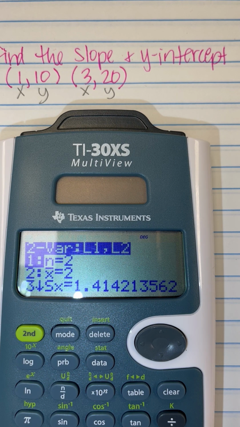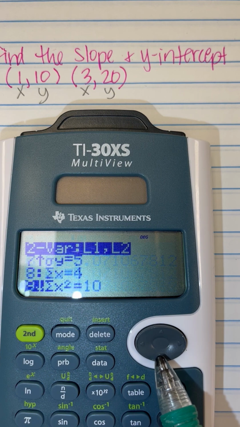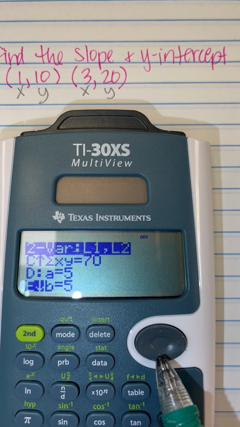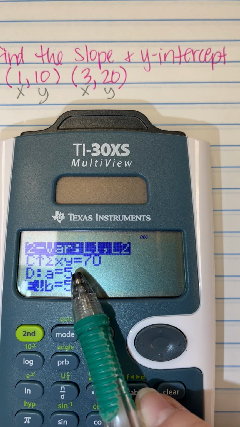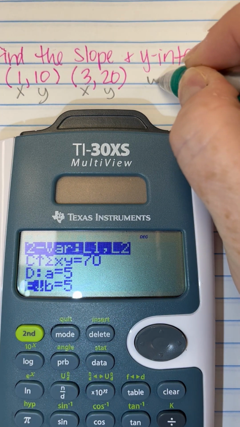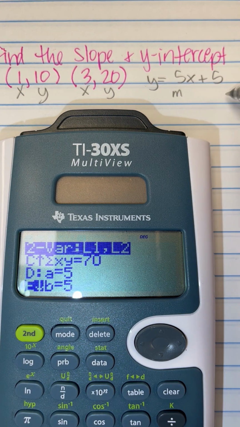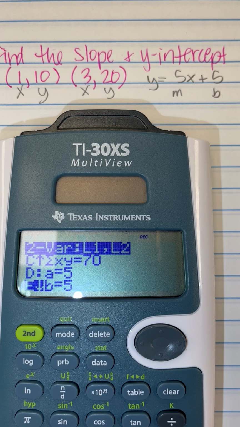Do you remember where to go? Just scroll away till you get down here, and there it is. A, remember that's your M, and that's your B. So y equals 5x plus 5. There's your slope, there's your y-intercept, and there you go. The calculator is a wonderful thing, but you've got to know how to use it.